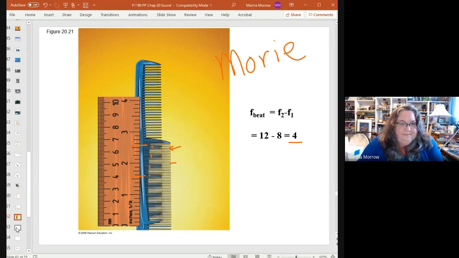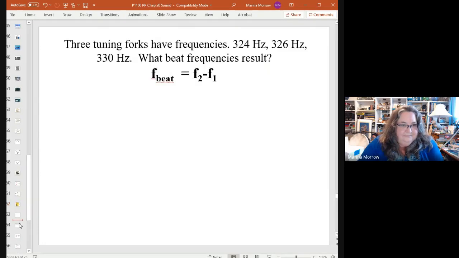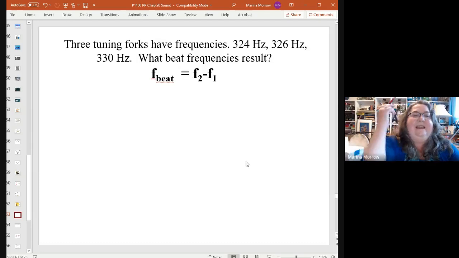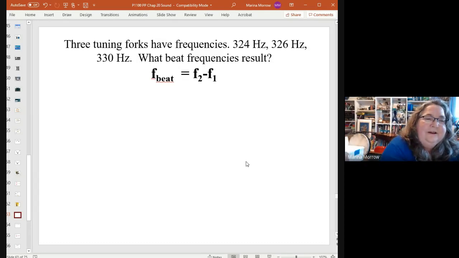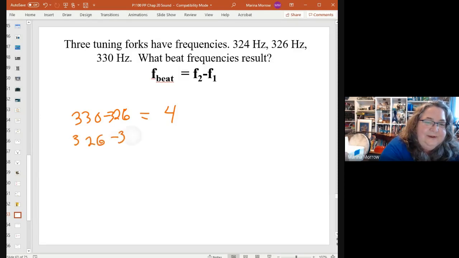And so there's just some problems here. 3 tuning forks have frequencies of 324, 326, and 330. What beat frequencies result? So again, each pair, so I would have 330 minus 326 would give me a beat frequency of 4 hertz. 326 minus 324, right?